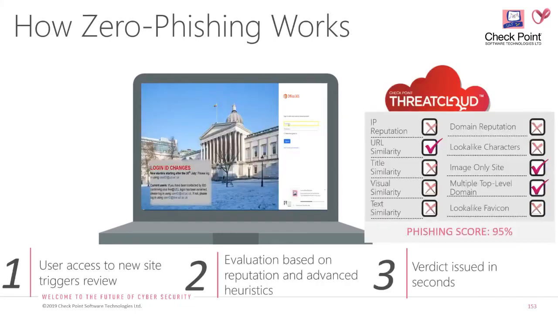And how will zero phishing work? For zero phishing, we are not relying on a single technique to protect against phishing attacks. There are multiple things. You can see on the right side: the domain reputation, lookalike characters, image-only sites, lookalike text, text similarity, URL similarity, IP reputation.